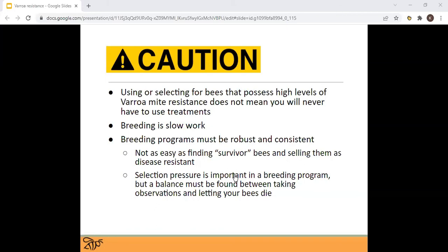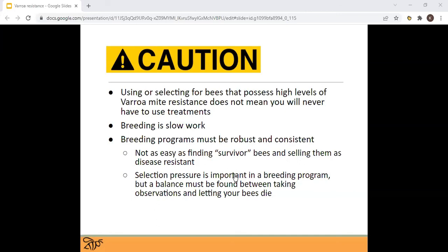We can make significant progress as an industry towards a bee population that doesn't require regular chemical treatments. That is true, and that's a future goal, but we're not there yet. Remember that breeding is slow, and total Varroa resistance has to be our goal for future generations. It's not happening tomorrow, so just keep that in mind.